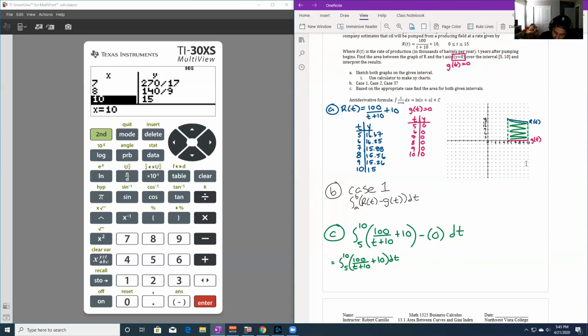So I'm going to have this as the integral from 5 to 10 of 100 over t plus 10 dt, plus the integral from 5 to 10 of 10 dt.